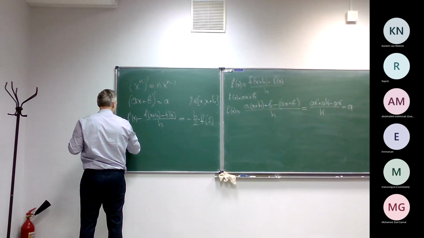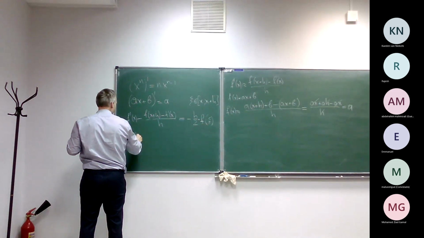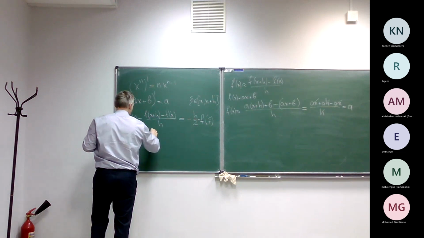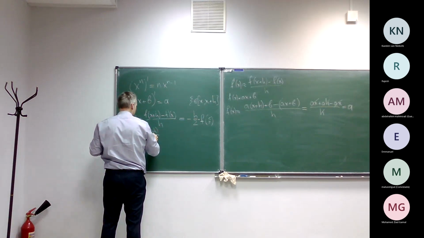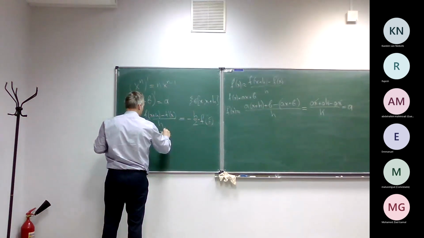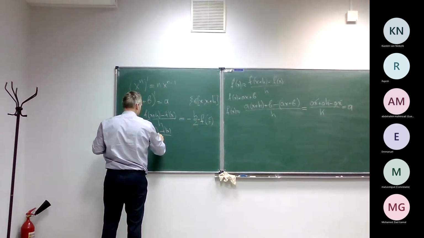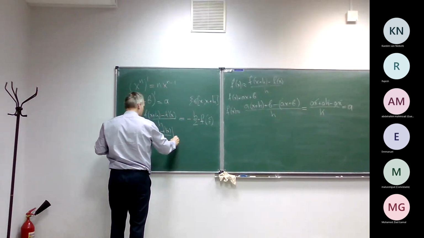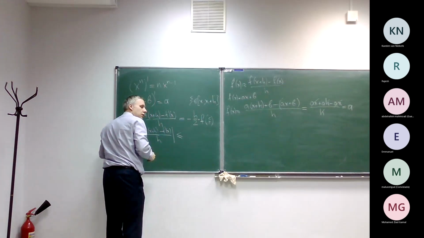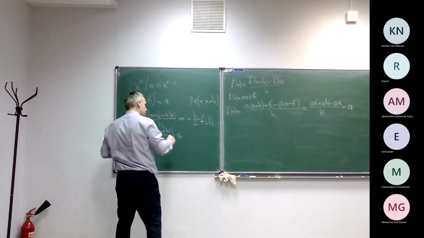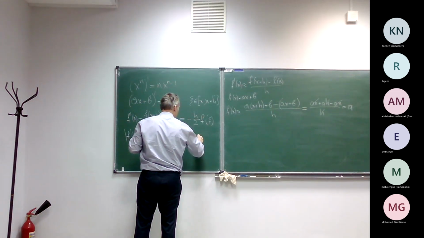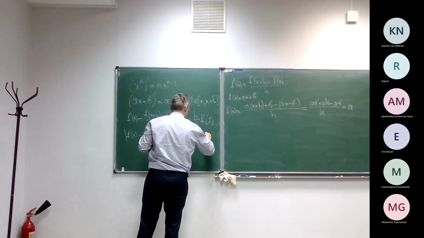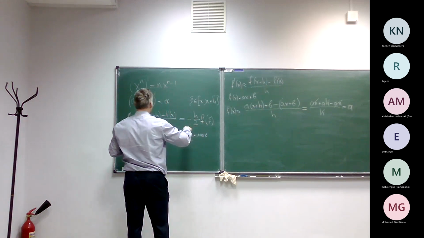The absolute value of f prime of x minus f of x plus h minus f of x over h will be smaller or equal to h over 2 times the maximum.